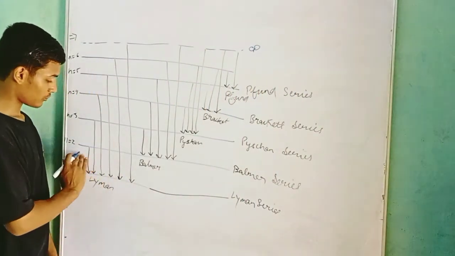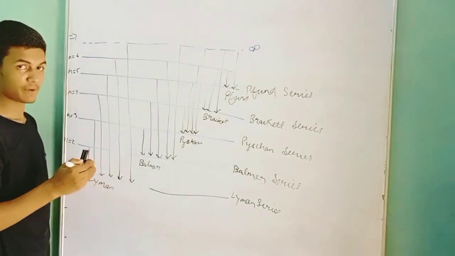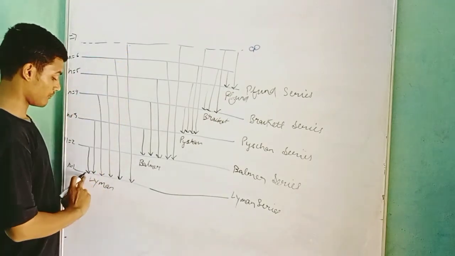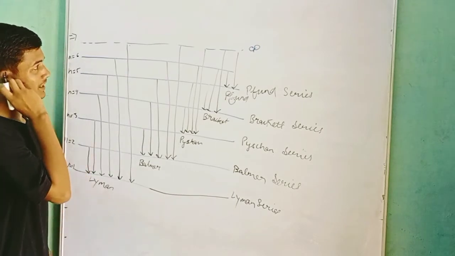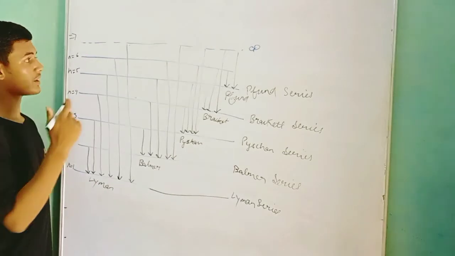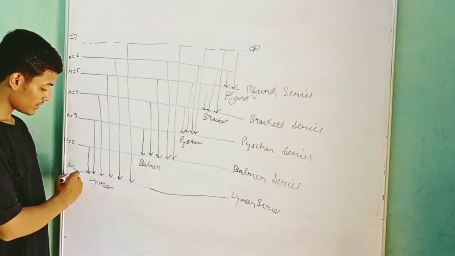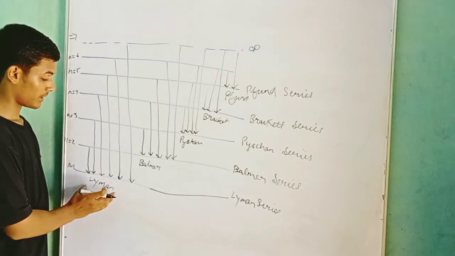When electrons jump from a higher orbit to a lower orbit, first we take Lyman, when electrons jump from infinite to the first orbit. We assume that at infinite the higher energy electrons are present, and at n1 the lower energy electrons are present.